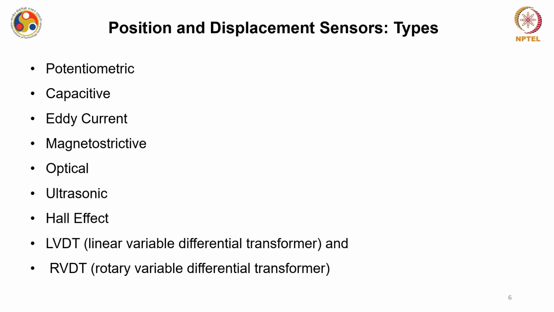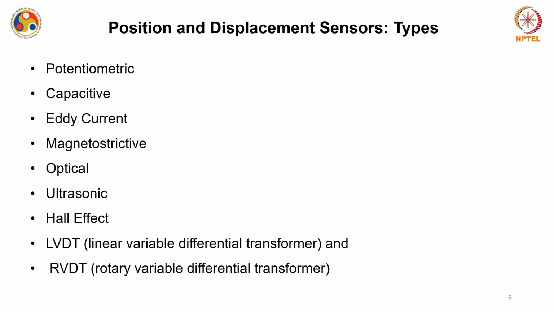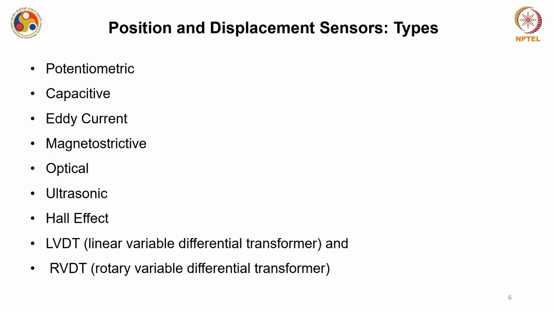Similar to other sensing modules that we have seen, these sensors can be based on various transduction techniques, including the simplest one, which is potentiometric, which we will see in a while. Then these sensors can be based on the capacitive principle.